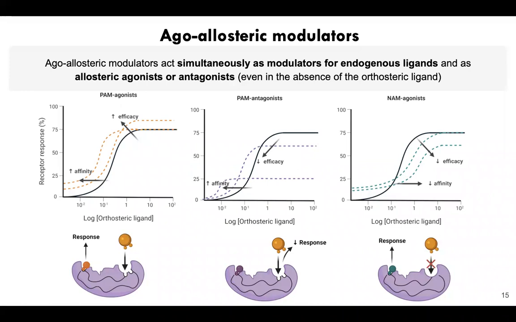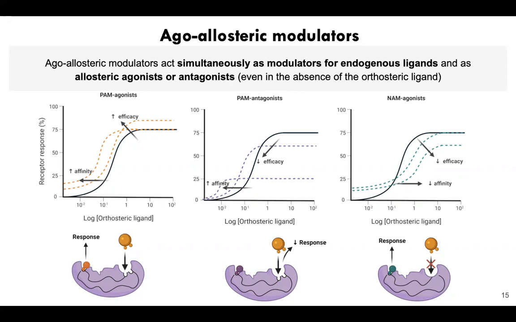So here we have a positive allosteric modulator, which is also an agonist. It means that it will enhance the affinity and the efficacy of the allosteric ligand. Okay, that's pretty clear. But then when you have a positive allosteric modulator that is an antagonist, what does it mean?